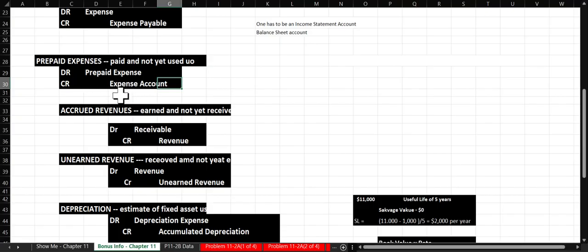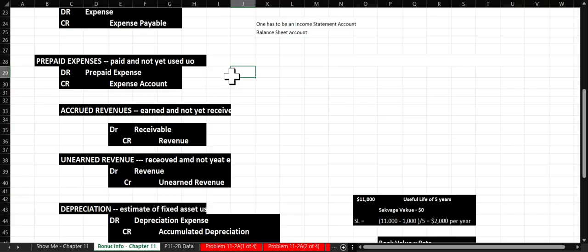If it were recorded as an expense, then this is how it would be recorded. If it was recorded originally as a debit to, say, supplies, then what we would have to do is take out the amount that was used by crediting the supplies account and debiting the supplies expense.